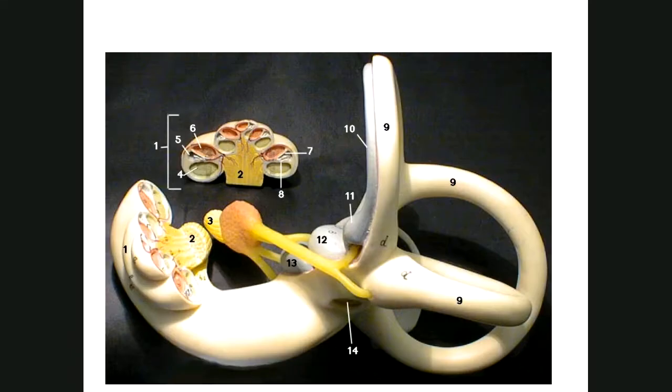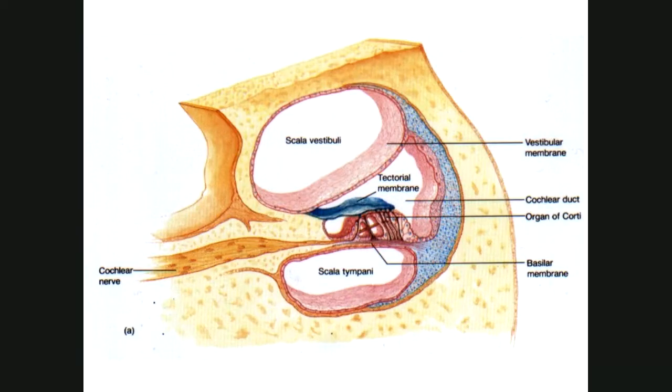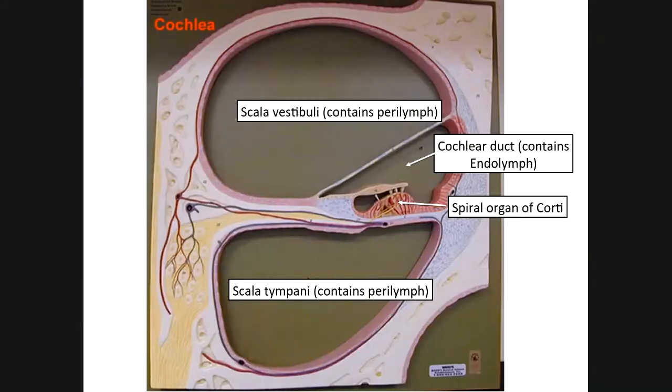So if we look at it, there's our scala vestibuli, there's our scala tympani, and there's our cochlear duct. Well, if we blow that up even more and make a model out of it, it would look like this. So look, that looks like this.